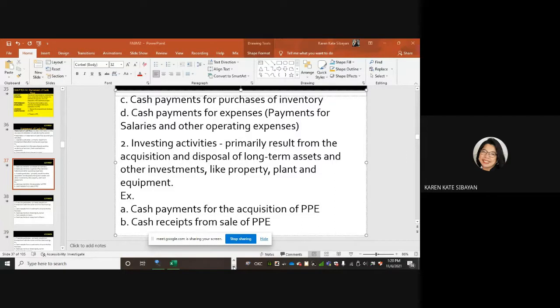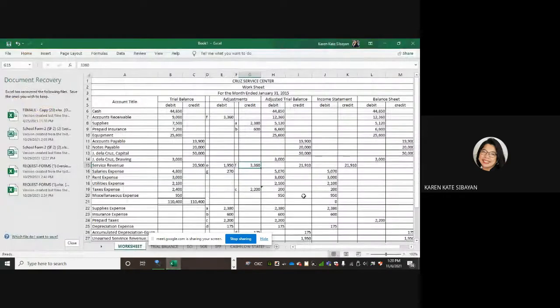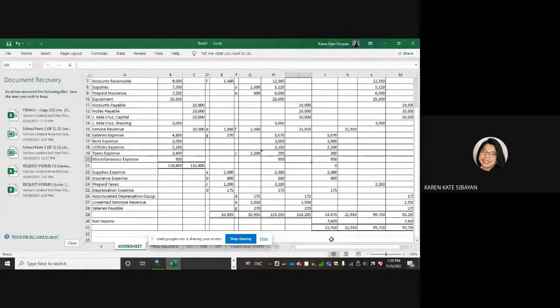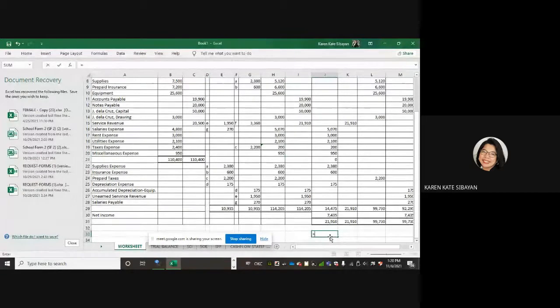Sabi lang niya, salaries and operating. Sinabi ba nakasama ang supplies expense? Paano makukuha yun? Class.